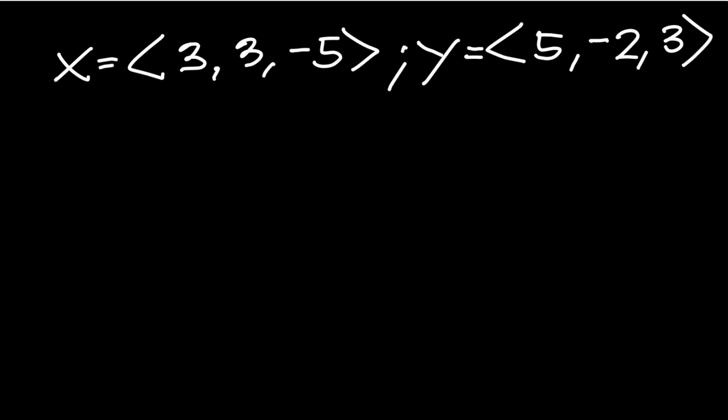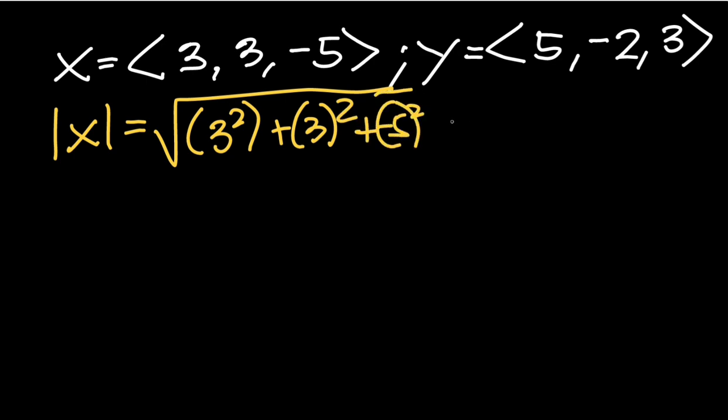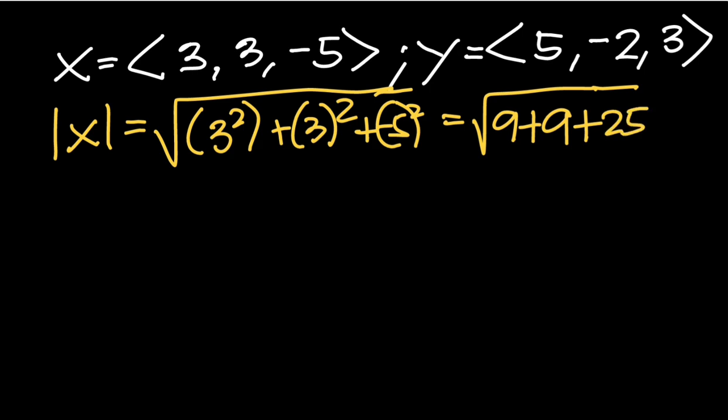So the first thing we do here is we find the length of each of the vectors. So we find the length of x, and that is just equal to the square root of the sum of the square of each of the components. So that would be the square root of 3 squared plus 3 squared plus negative 5 squared. And this is just equal to the square root of 9 plus 9 plus 25, which is simply the square root of 43.